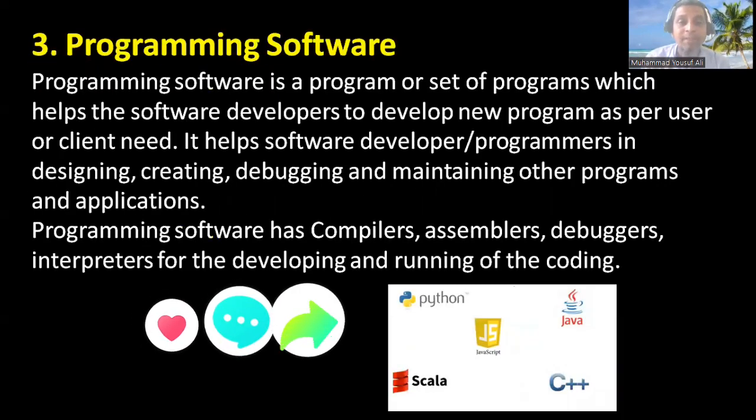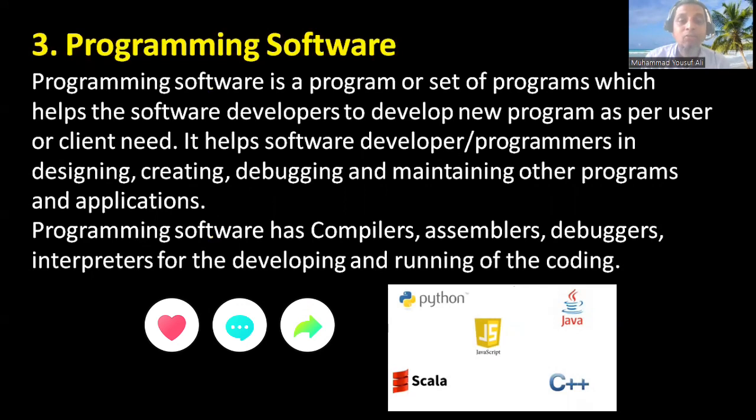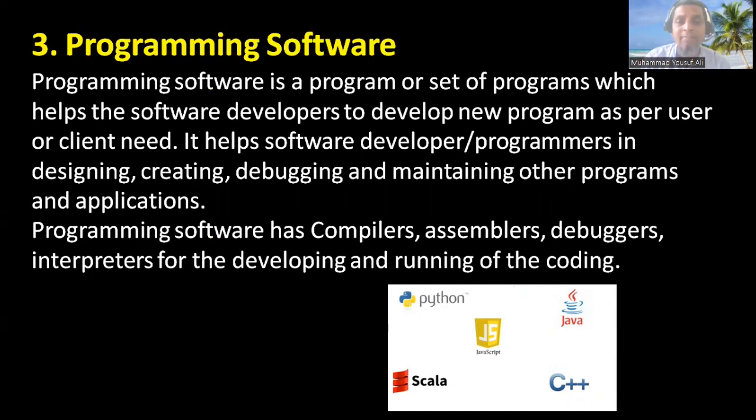Number 3, programming software. Programming software is a program or set of programs which helps software developers to develop new programs as per the user or client need. It helps software developers and programmers in designing, creating, debugging, maintaining, and other programs and applications.